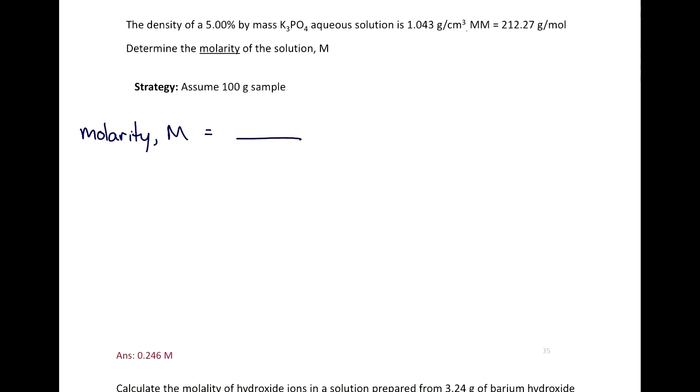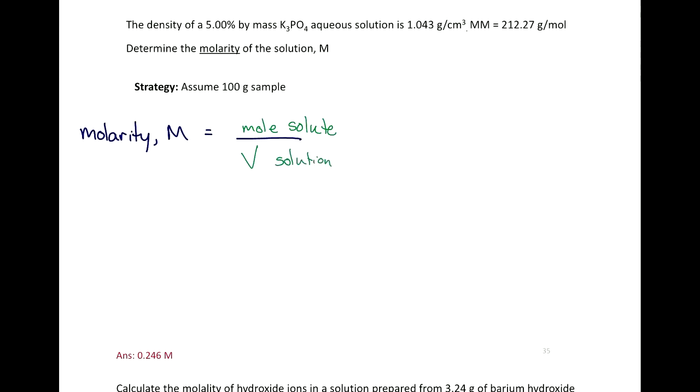But this time we're calculating the molarity of the solution. Molarity, big M. So this is, in fact, a different question. Let's remind ourselves, what is the unit of molarity? Moles of solute, but this time it's over volume of the solution.